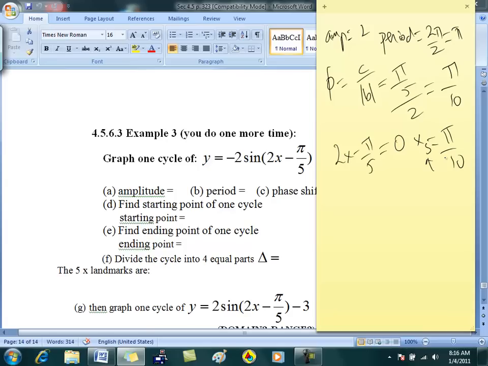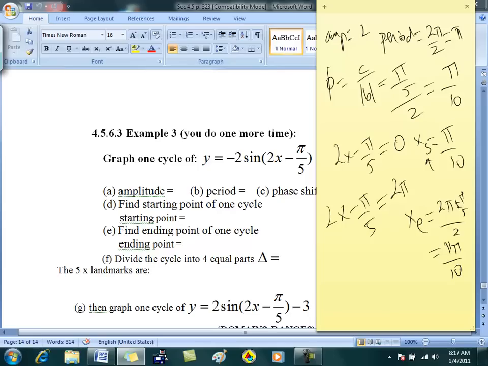Okay, and then for ending point, 2x minus pi over 5 is equal to, always 2 pi. So then x ending is equal to 2 pi plus pi over 5 divided by 2. So that gives me 11 pi over 10. So everybody with me on that?